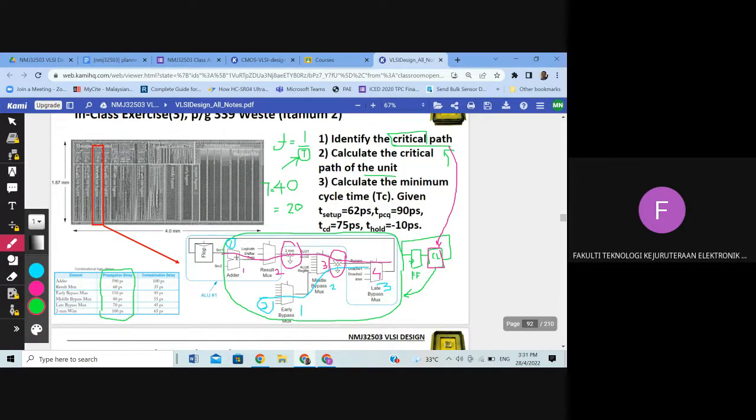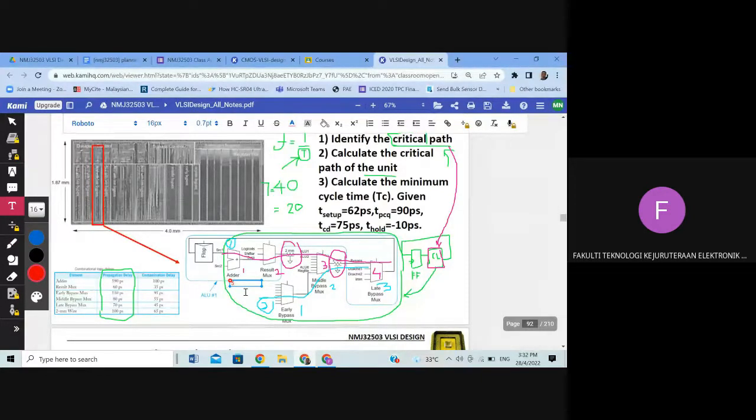So clearly here, the adder is 590 picoseconds. The second element, the result mux, is 60 picoseconds, and then we have the middle bypass mux, 80 picoseconds, and the last one, the late bypass mux, is 70.